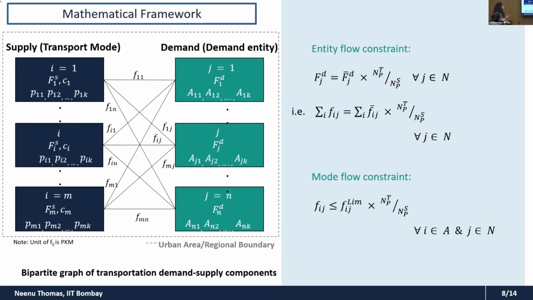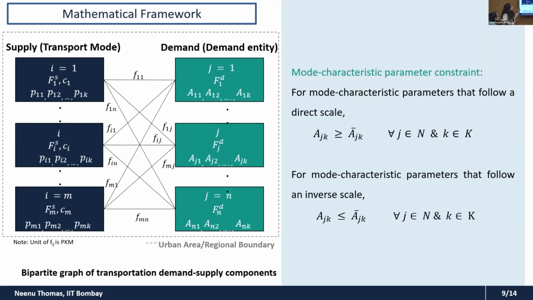It can be distributed any way, but it should be satisfied by all of these modes, or at least some of the modes. And the mode flow constraint is, as I told, for active modes or public transportation, there can be a limit.